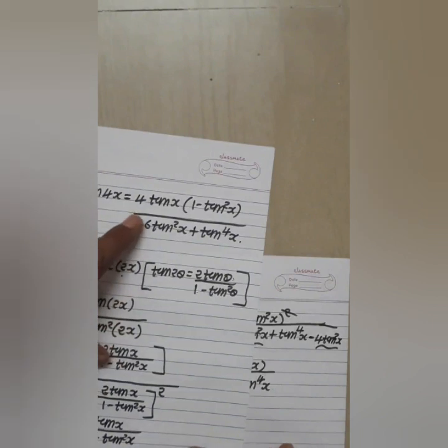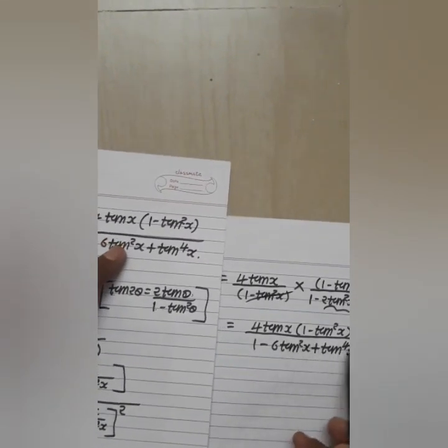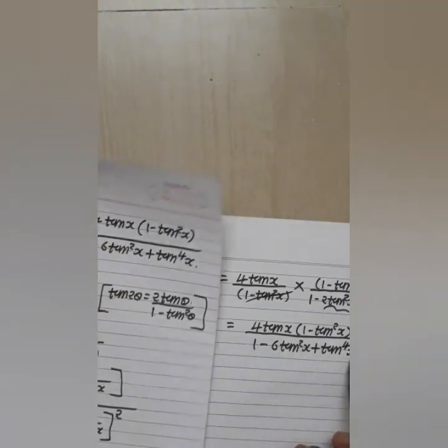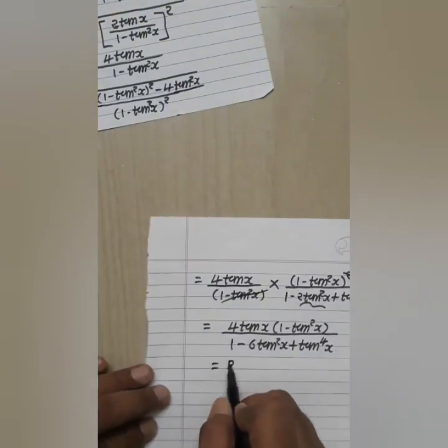So our proof is, our RHS side, 4 tan x into bracket 1 minus tan square x upon 1 minus 6 tan square x plus tan raised to 4 x, is equal to the RHS side written here.